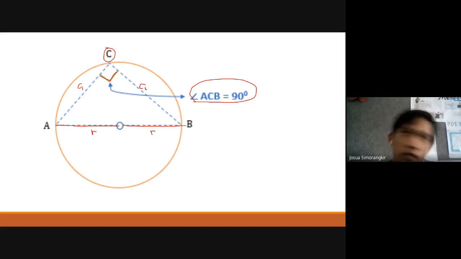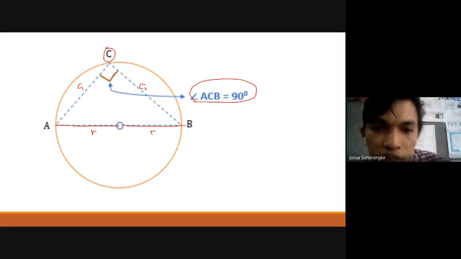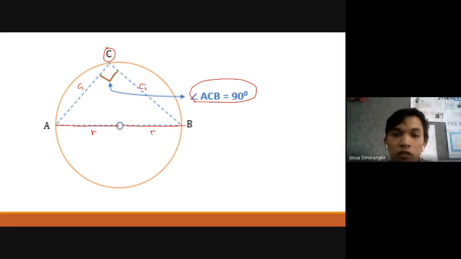If we review the Pythagorean theorem, for this right triangle, the longest side is the hypotenuse: the longest side to the power of 2 equals x to the power of 2 plus y to the power of 2.